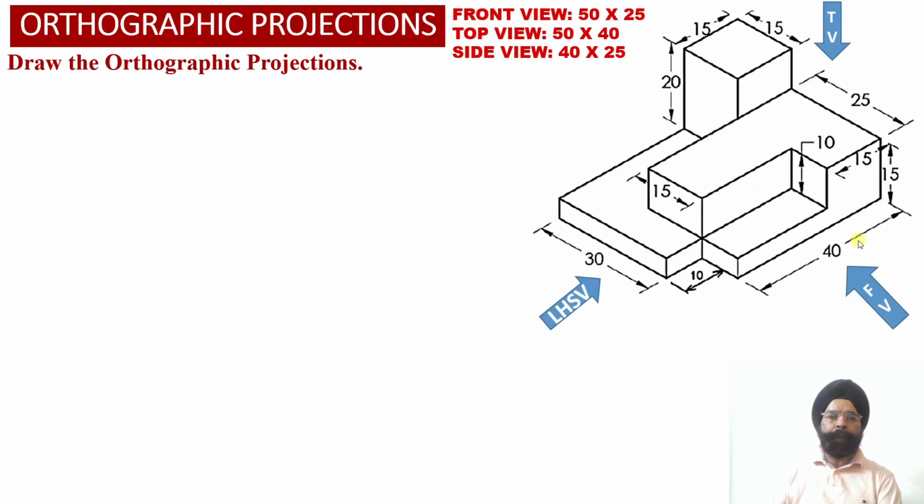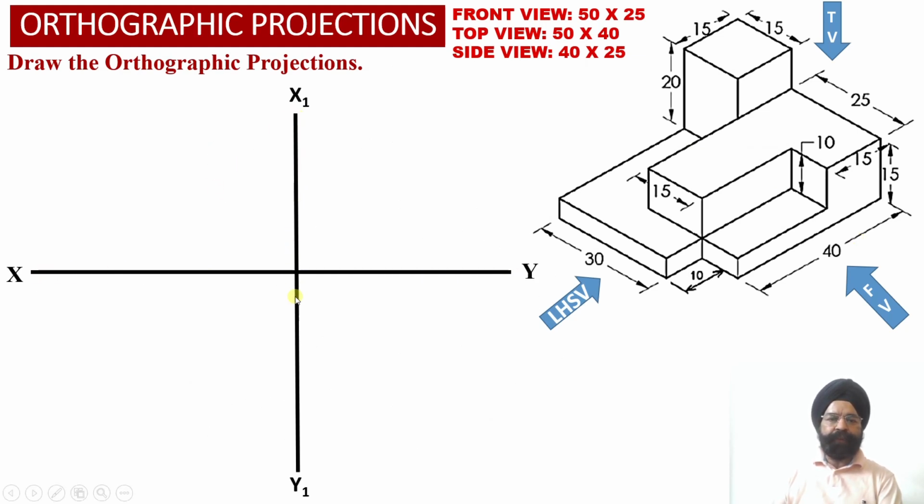Now in order to obtain the orthographic projections of the solid, we have drawn the XY reference line, the X1 Y1 reference line and a transfer line originating from the intersection of the XY reference line and the X1 Y1 reference line.